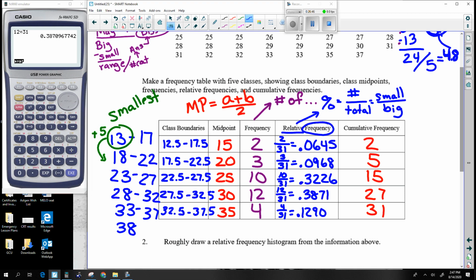Also, if you've done everything correctly, if you add up those relative frequencies, everything should add up to 100%. So 100% as a number should be the number 1. So if I add up all of these relative frequencies, it should be exactly or gosh darn close to the number 1 itself.